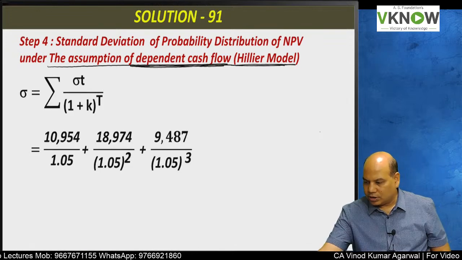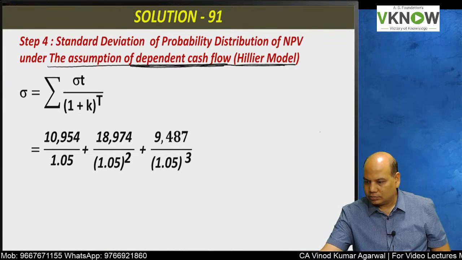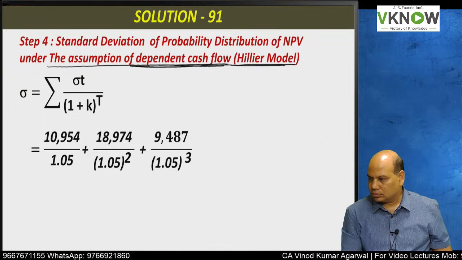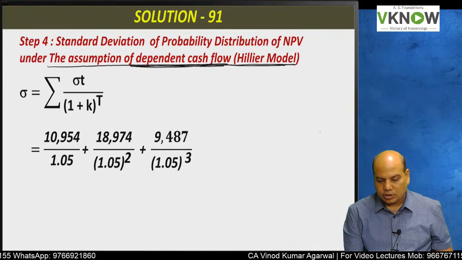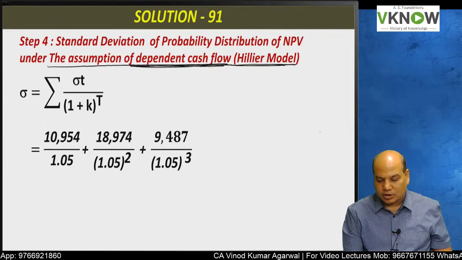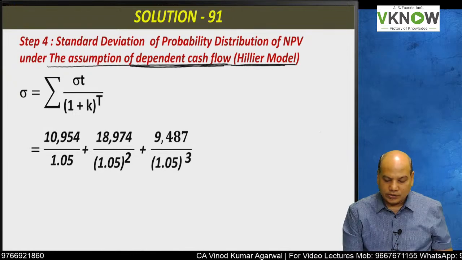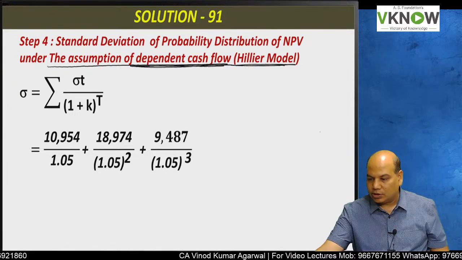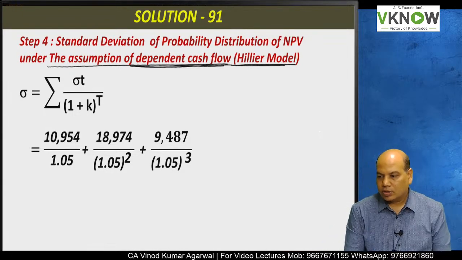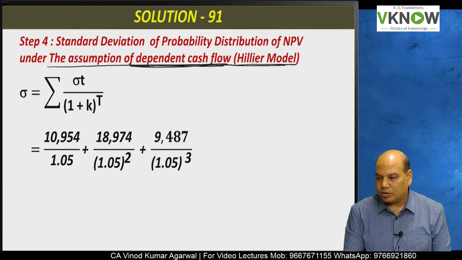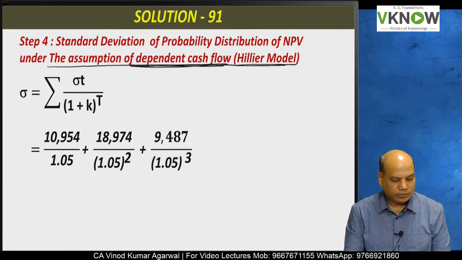So under that you write down: Sigma equal to, sorry, root is not required. Summation required. Summation sigma t upon 1 plus k to the power t.